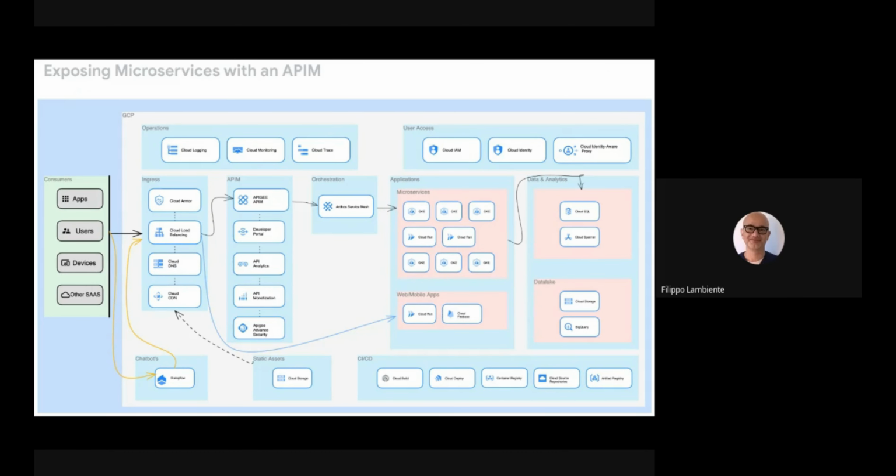In this case, for example, we can have a layer of APIM, the one in the center of this slide, with the entry point to the microservices implemented by Anthos Service Mesh, and in front of the Anthos Service Mesh there will be the layer of Apigee with analytics, monetization, advanced API security, and all the things that we have seen before. This is another pattern that we are seeing our customers adopt.